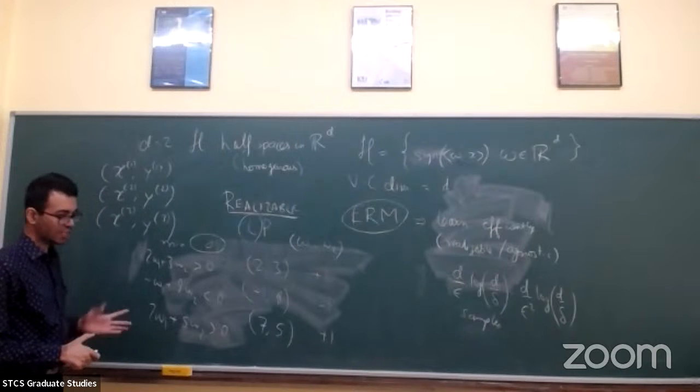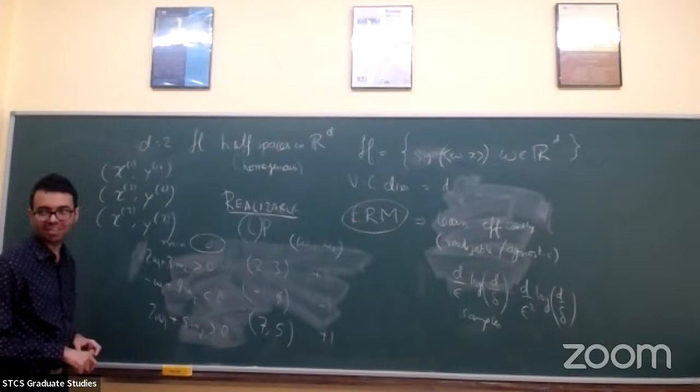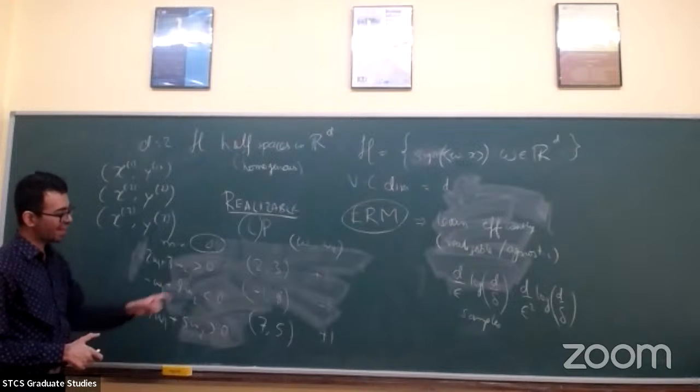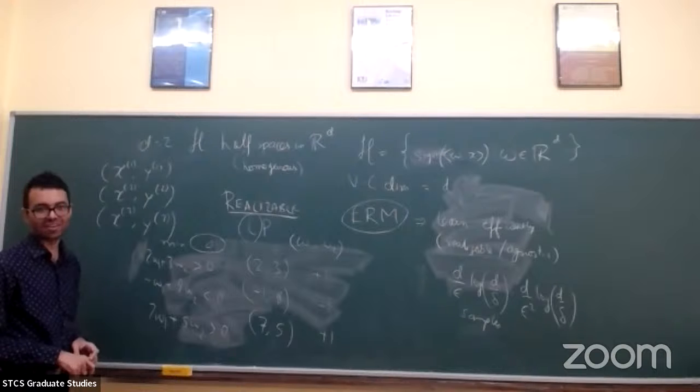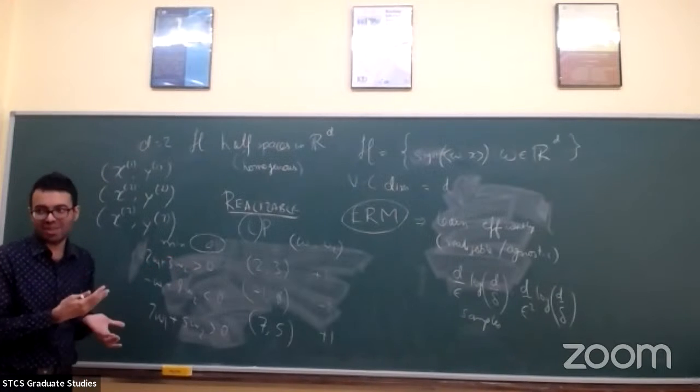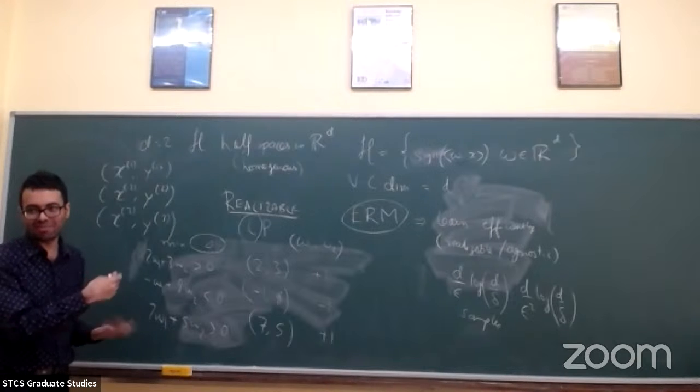So then what do you do? There's a trick which will take care of this. Add some slack. No, but I need to make this exactly positive. If I have a slack variable, then I need the slack variable to also be strictly positive.